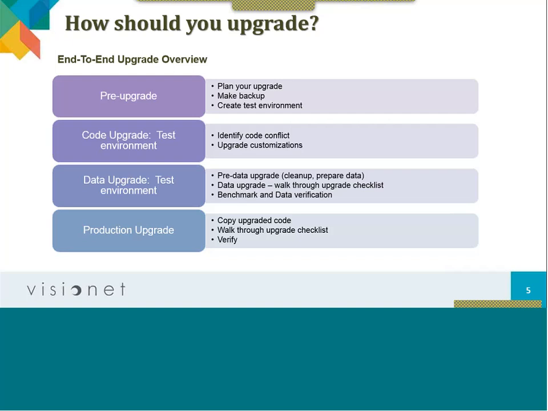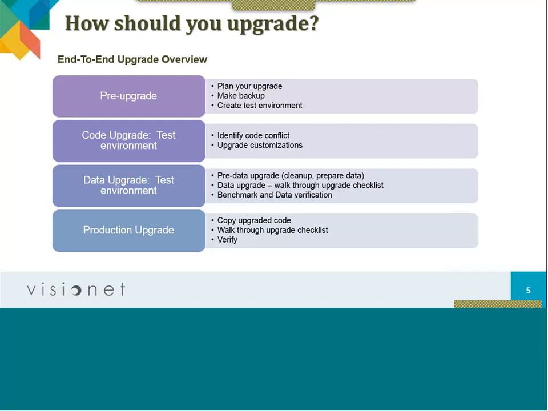We could not think of ERPs actually being implemented or upgraded through a wizard, and that's what Microsoft has changed. That's basically the process that Microsoft has introduced. There's a checklist that needs to be followed, and if the checklist is followed, then there's a high chance that there won't be any issues with the upgrade.